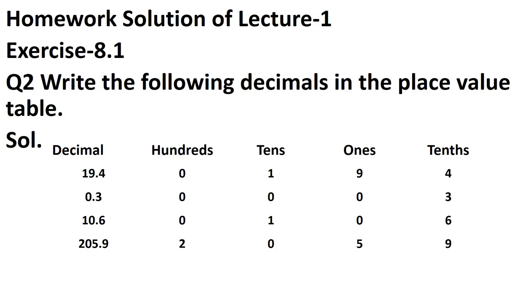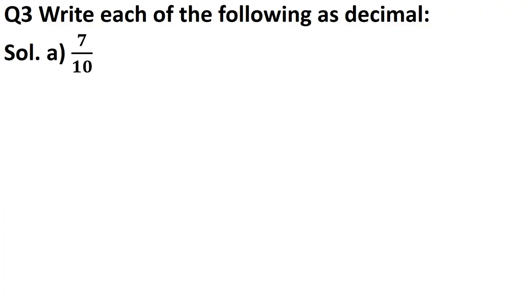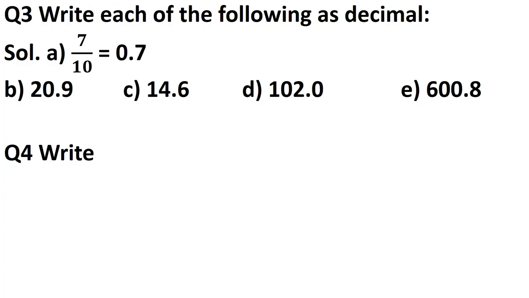You can check your homework. Next is, write each of the following as decimal. Seven upon 10 is equal to 0.7.